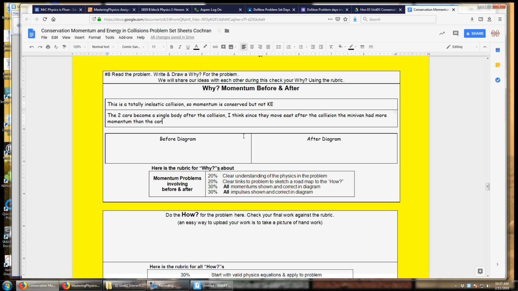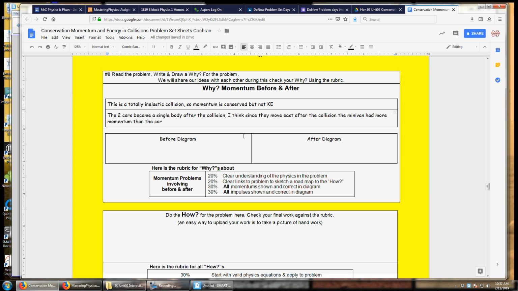If you've got east and west coming together and then they continue east, it would seem like the east won. So it would have more momentum going in than the car did. Any questions on the writing part that I did?